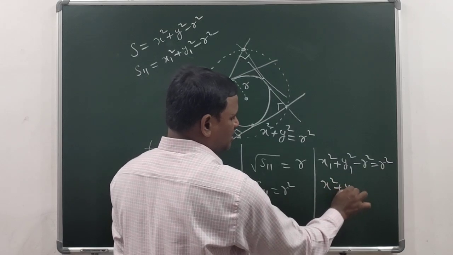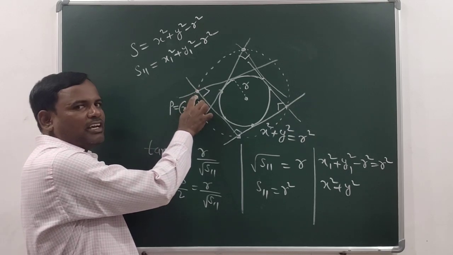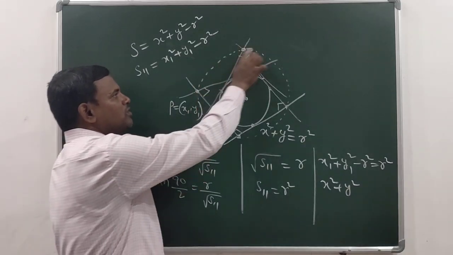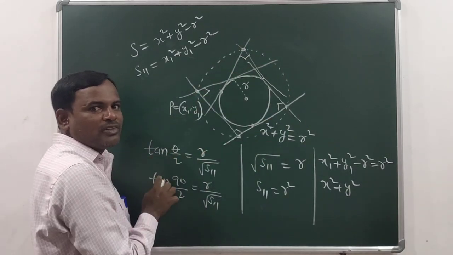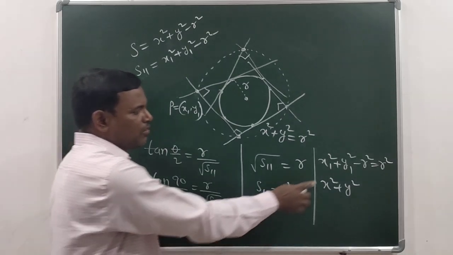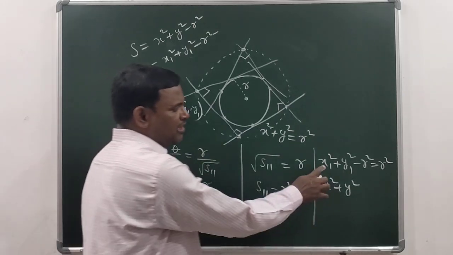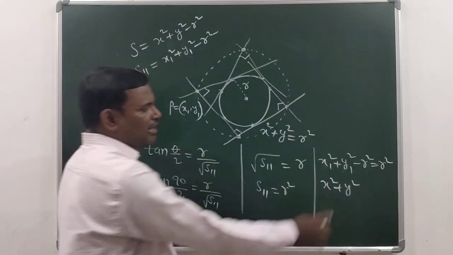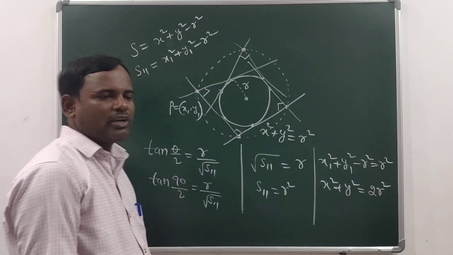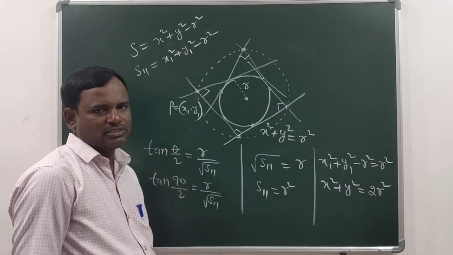Why do we replace this x1, y1 by x, y? Because this point P is not fixed here. It can be taken anywhere on the dotted circle. So that point should be a variable point, or you can call it a locus point. Hence, we have to replace x1, y1 by x, y at the end of the solution. Replace this x1, y1 by x, y and transfer this one to the right side, so that you will get 2r square. Okay, so this is our required equation of locus.